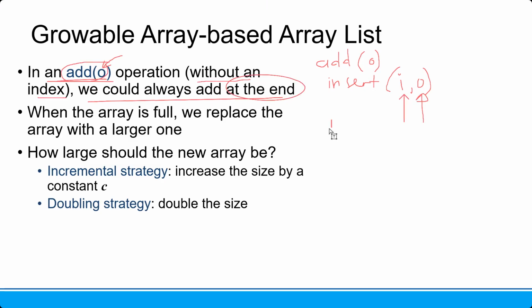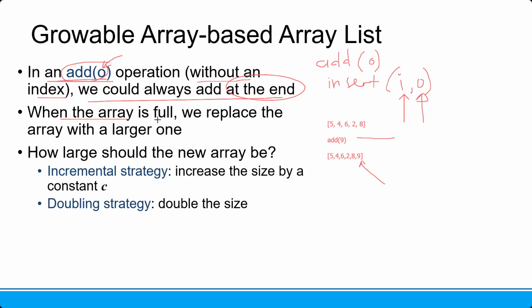So if I have data like this one, 5, 4, 6, 2, 8, and I want to add, let's say, 9, then the new data will be 5, 4, 6, 2, 8, and 9. So the new element will always be at the end of this array.